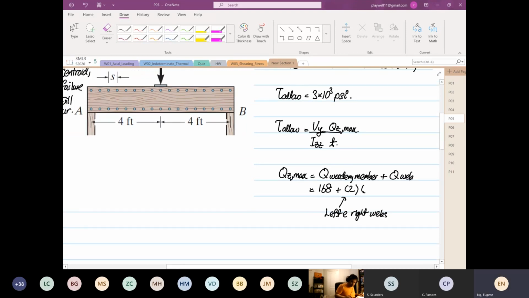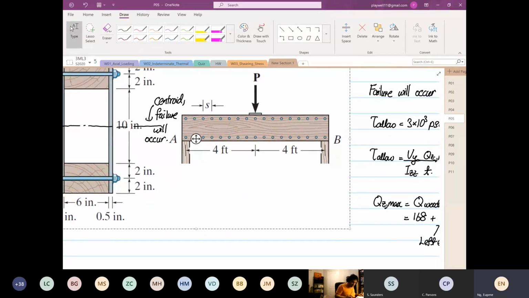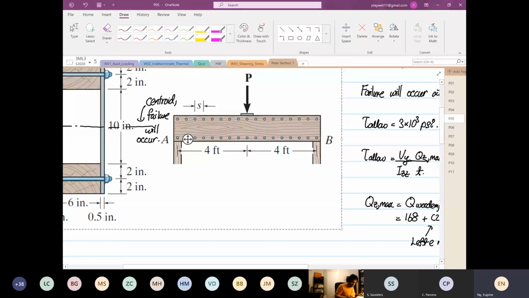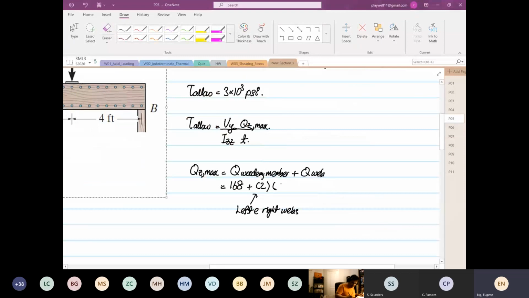The depth is 5 plus 4, and then the Y bar is 5 plus 4 divided by 2.